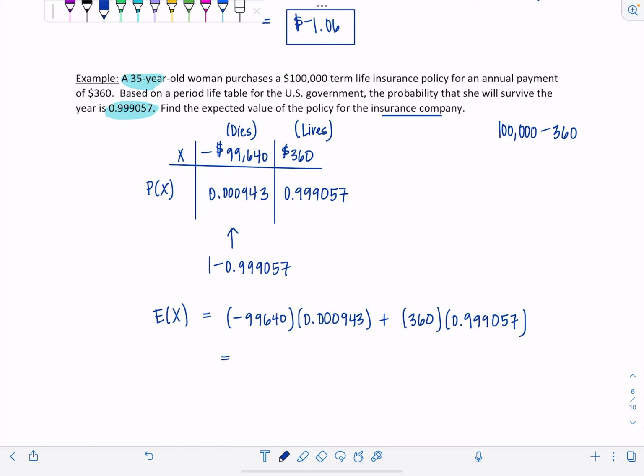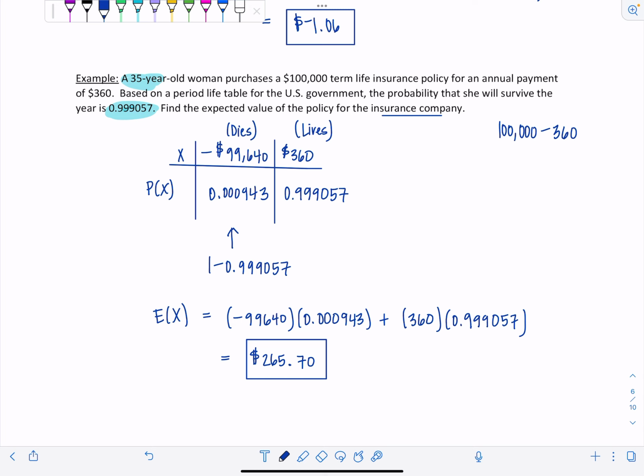If you put this all in your calculator, you should end up with positive $265.70. So long run average, the insurance company will profit $265.70.